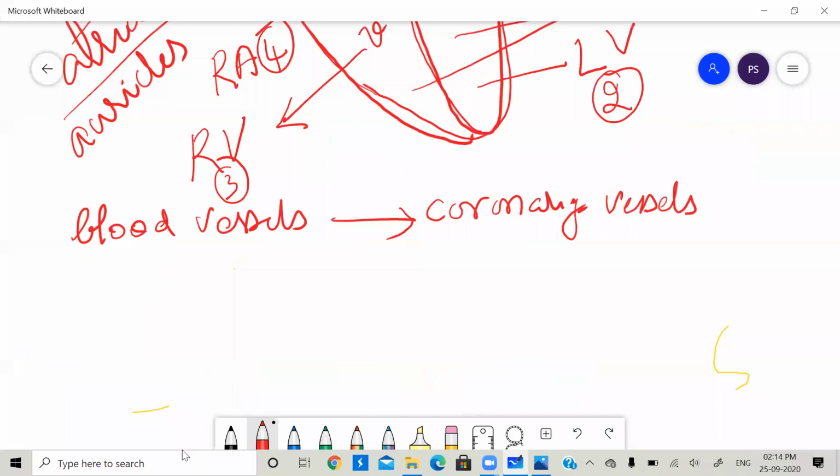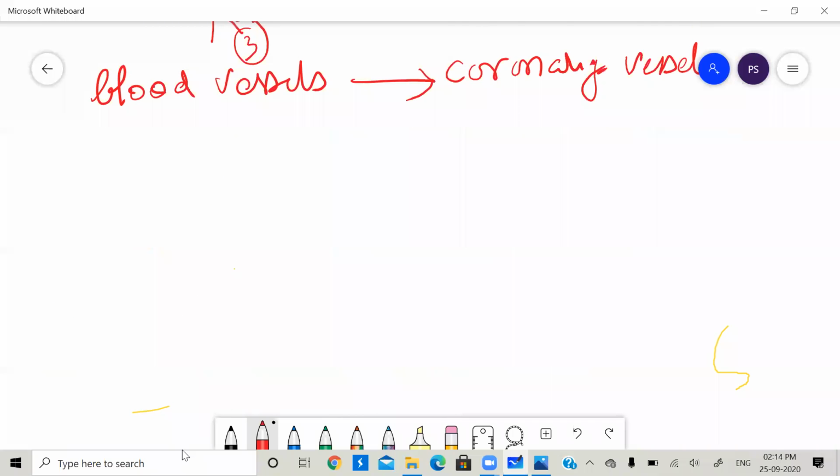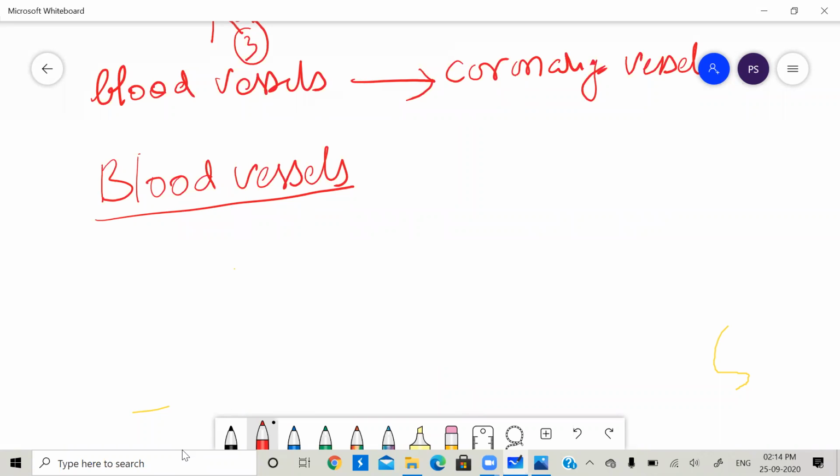Then the blood vessels. In the transport system, the heart is the important part of the circulatory system, and from here blood is transported to each and every part of the body by the blood vessels. The first type of blood vessels is arteries.